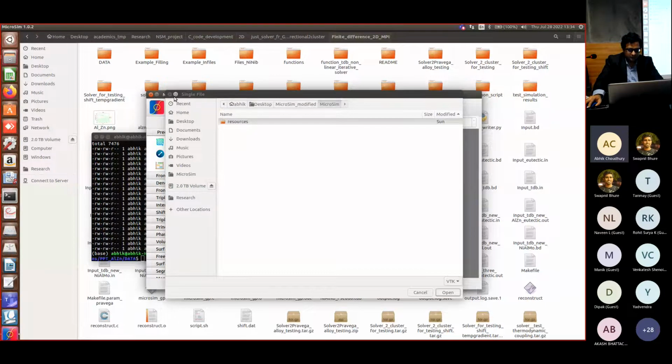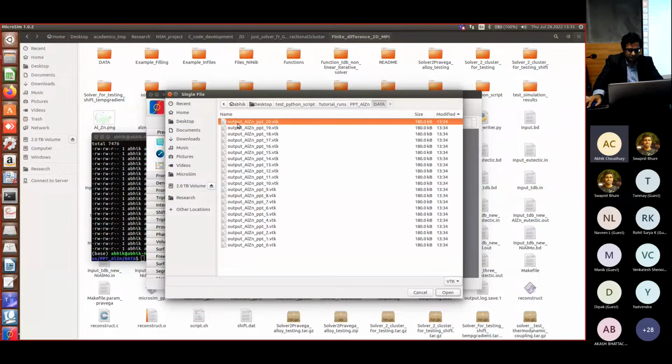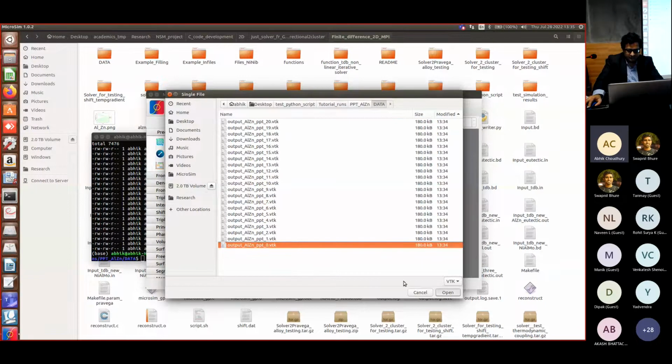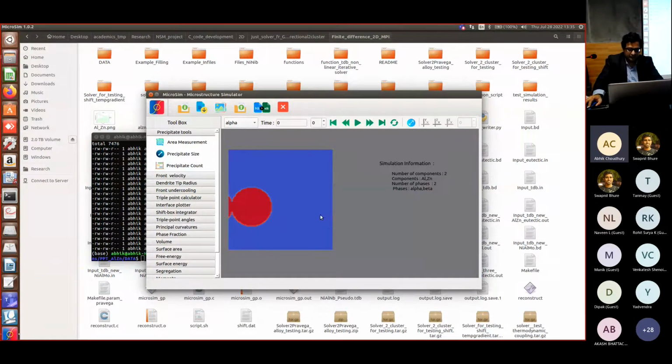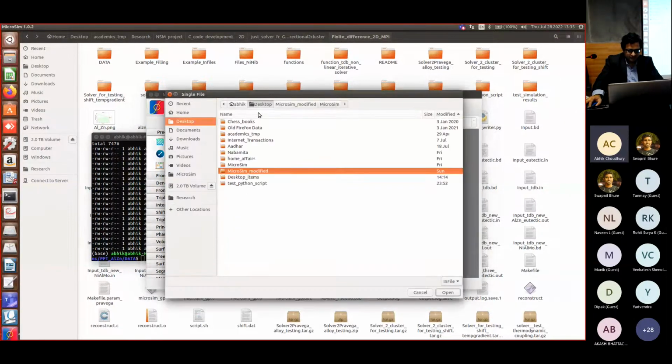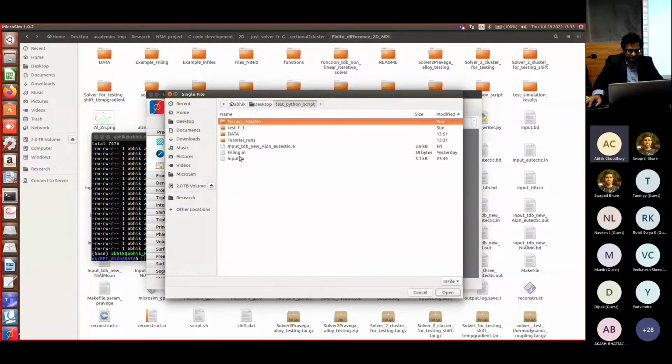Then you basically do the same thing as before. This is the single file. Choose the VTK. As it happens, the filling that we gave just filled one, because the properties were such that you filled just one. That can happen. Just choose a larger domain and it will choose the right stuff. But that's because of the filling that we did.